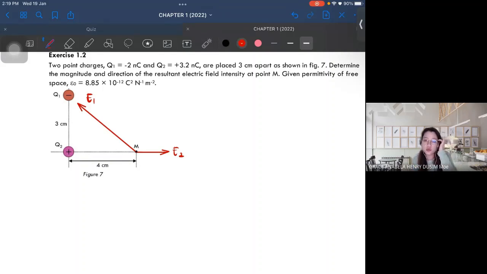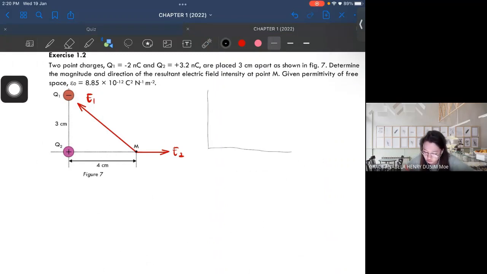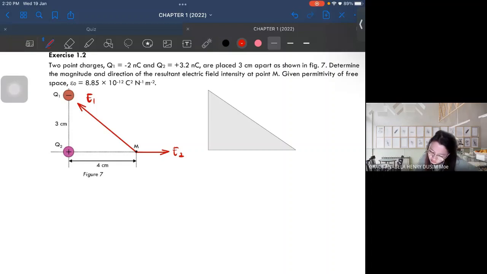So after drawing that, we have to determine firstly the length from charge 1 to point M here. Okay, so if we were to draw that triangle, I don't actually remember the term, but if you remember 3 and 4, the hypotenuse will be equal to 5.